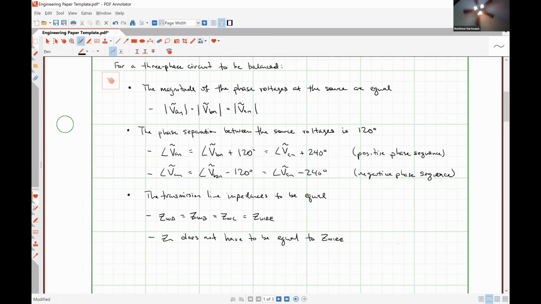And lastly, on the load side, for us to have a balanced load, that means the load impedances must be equal.